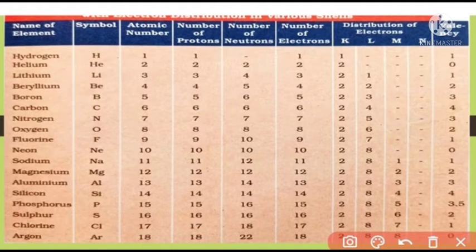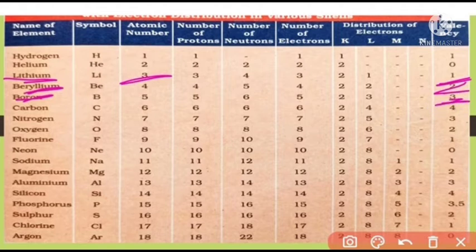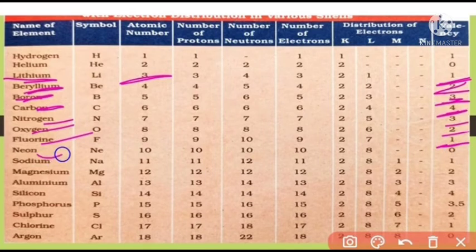Next, lithium, atomic number 3, valency 1. Beryllium, atomic number 4, valency 2. Boron, atomic number 5, valency 3. Carbon, atomic number 6, valency 4. Nitrogen 3, oxygen 2, fluorine 1, neon 0, a noble gas.